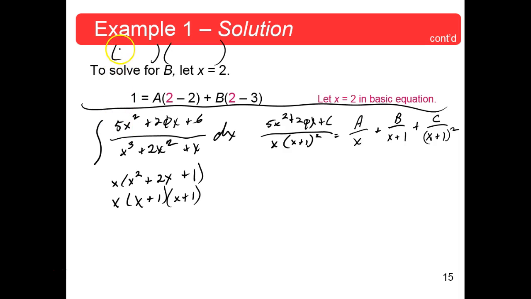Only way to factor 5x squared is 5x times x. Now, if this is going to have a common factor, then this would have to be a plus 1 there, wouldn't it?